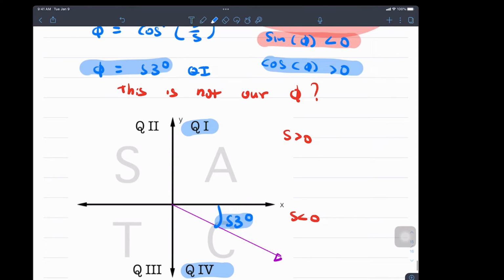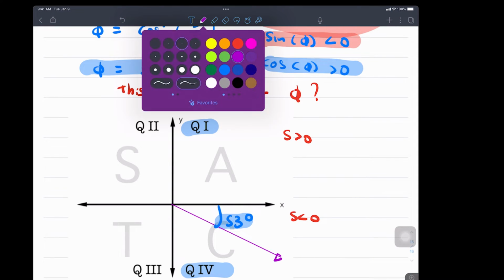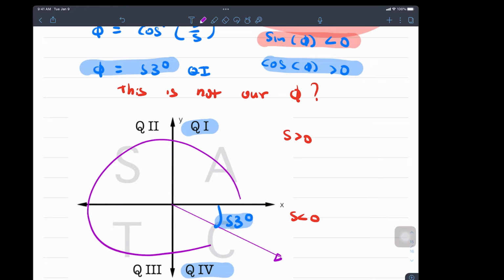So since it gave me the reference angle, what is phi really going to be? We can say it two ways. I can say, ladies and gentlemen, that phi is minus 53 degrees. Is that right? I can say it that way. Phi is minus 53 degrees.